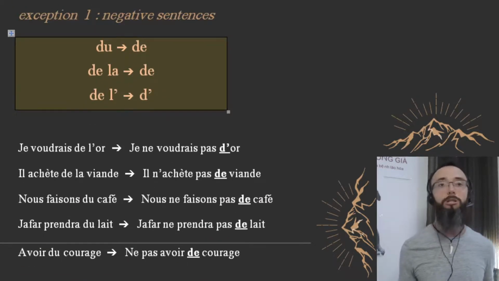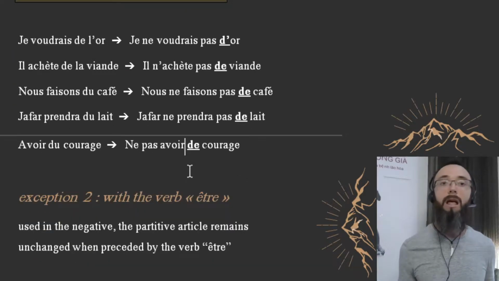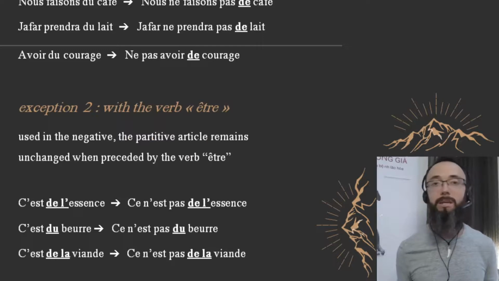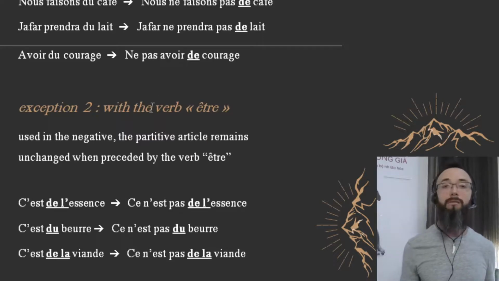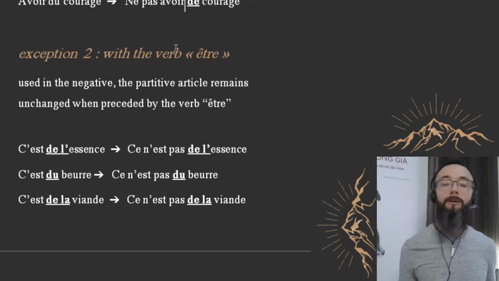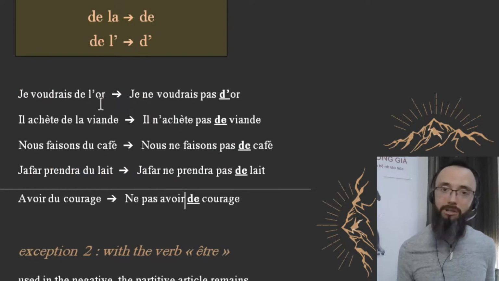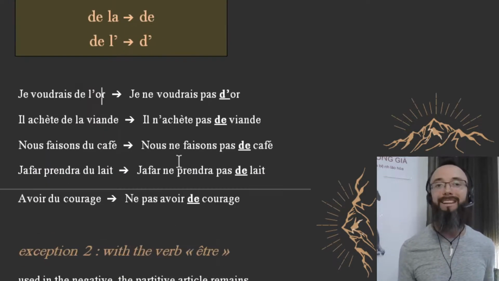But let's not forget that there's another exception to keep in mind with those partitive articles in French. With the verb être, which is to be, used in the negative, the partitive article remains unchanged when preceded by the verb être. So in that case, what I've just said before doesn't apply.